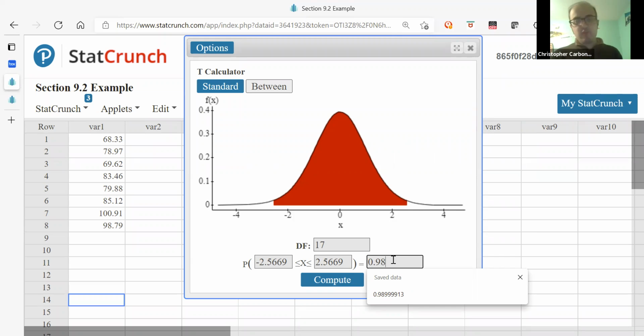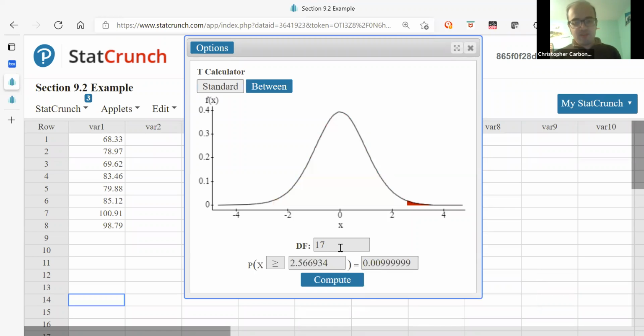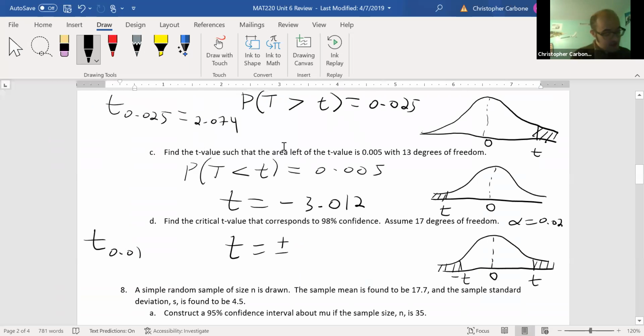The only issue is when we start doing that, the rounding on it may or may not be a little funky. Here is actually not too bad, 2.567 again. But due to the way this rounds, it may be a bit different than what it shows on here. So just be aware when using the between option. But this was positive and negative 2.567.